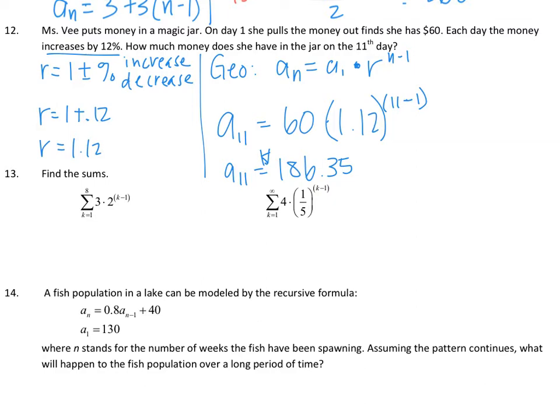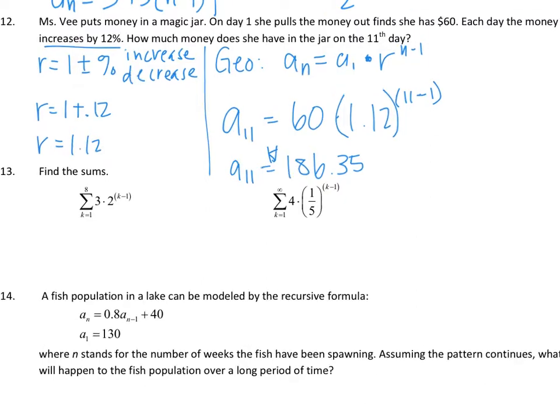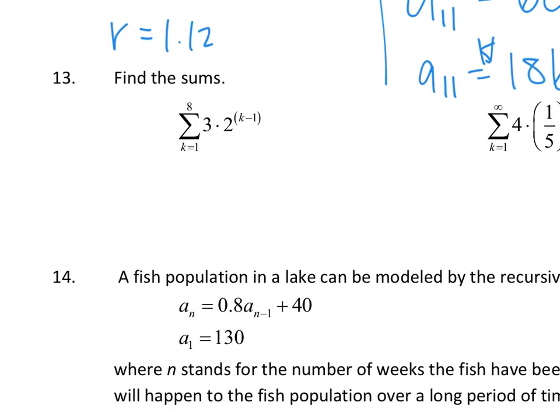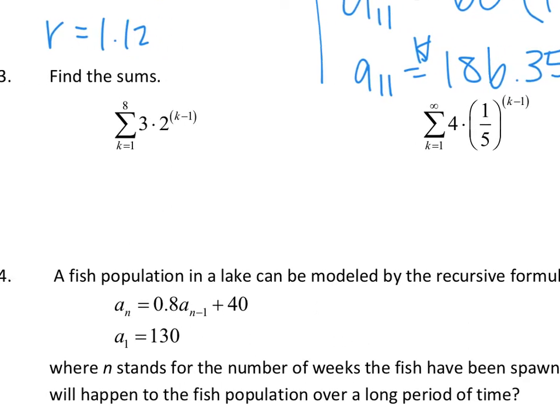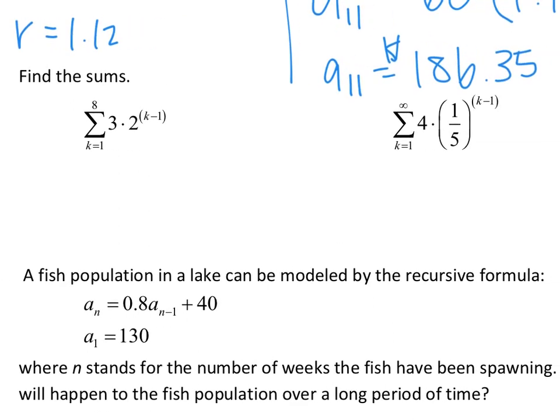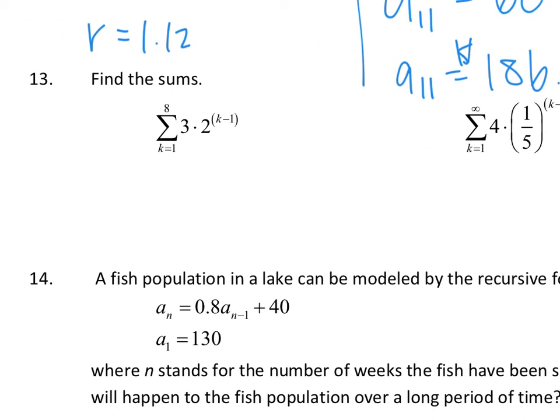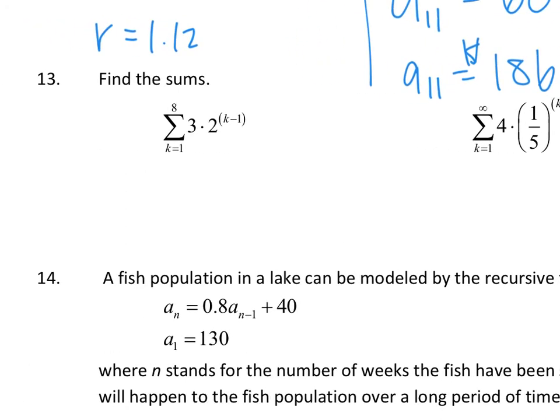All right. Question 13. Find the sums. So this is sigma notation, and looking at the 2 problems here, they both have an exponent, so they're both geometric. So that's kind of an easy check. Exponent equals geometric.